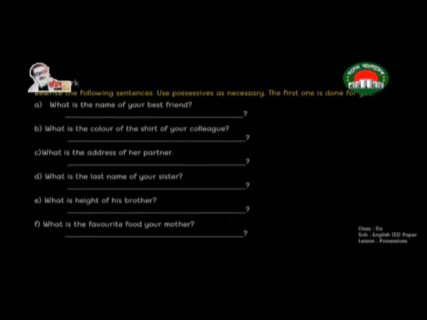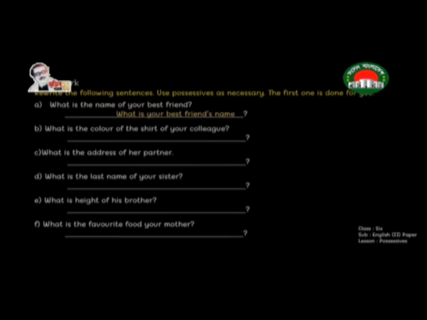For example, I'm showing you the first answer, option A. What is the name of your best friend? So how can we rewrite using possessives? Yes. What is your best friend's name?